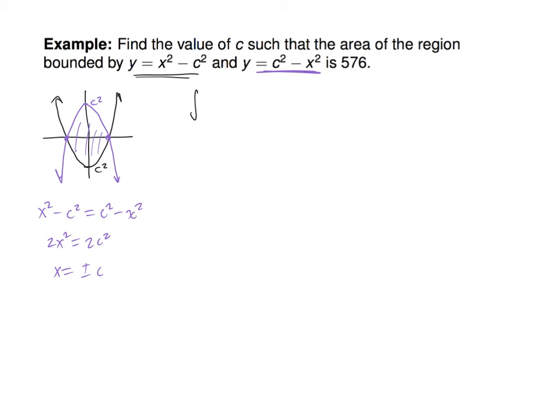So integral, and we're going to eventually make it equal to 576 and solve, okay? So A equals, can you use symmetry? Yes. So we'll do twice the integral from 0 to c. Who's the upper curve? The lower curve is x squared minus c squared.